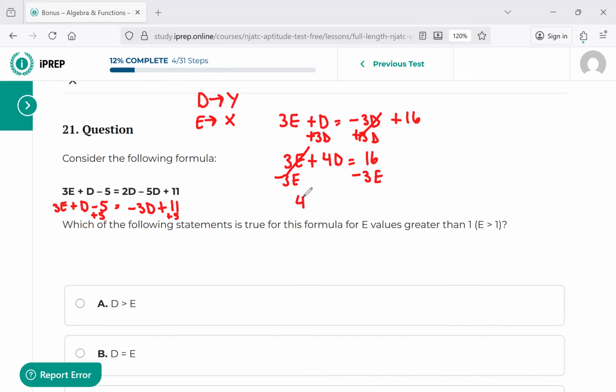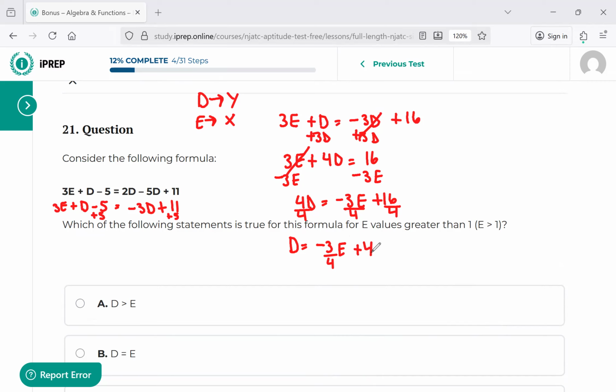I get 4d equals negative 3e plus 16. And then divide everything by 4. So d is equal to negative 3/4 e, and then 16 divided by 4 is 4.